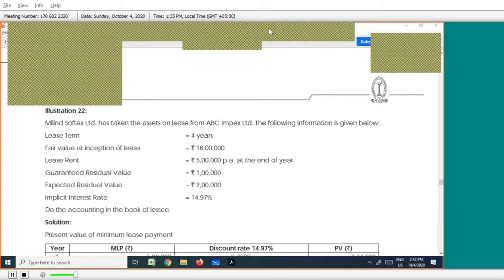Finance lease from Kamita. Revati, finance lease. Kirti, finance lease. Preeti, finance lease, because the payment amount is more than the actual cost of the asset. Okay. What about others?